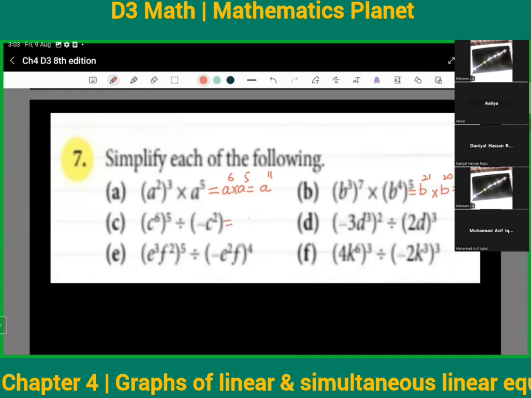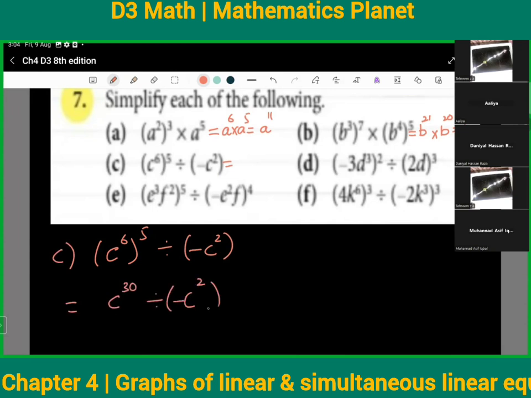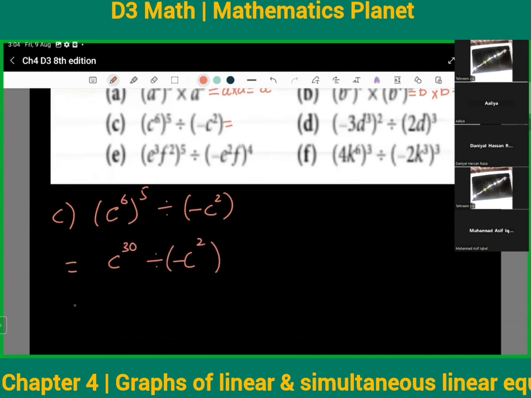Yes, Alia. C to the power of 30 divided by -C to the power 2. So it will be C30 divided by -C2, and it will equal to minus C to the power 32? 28.